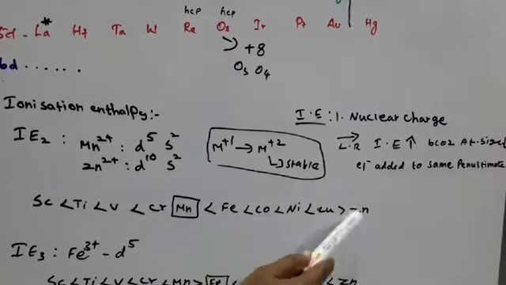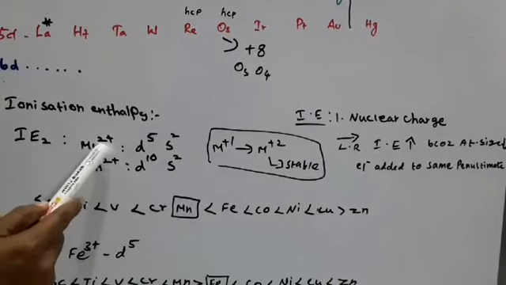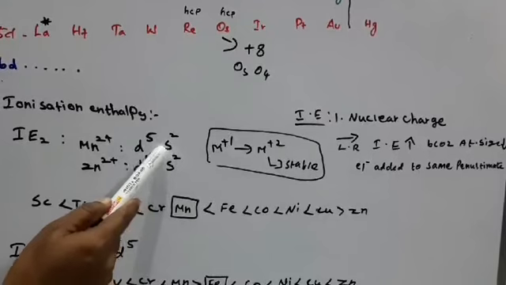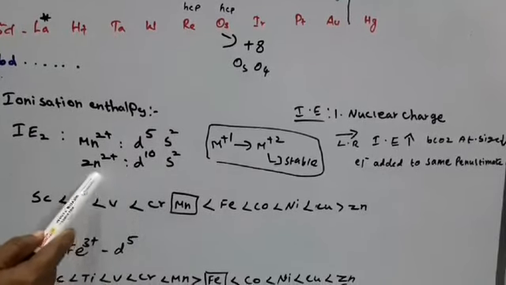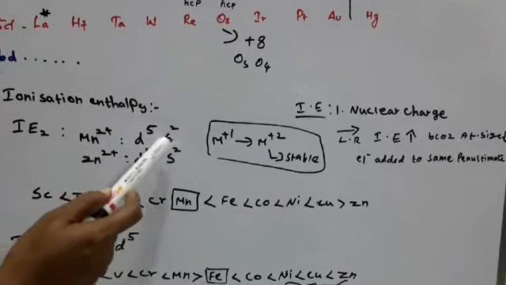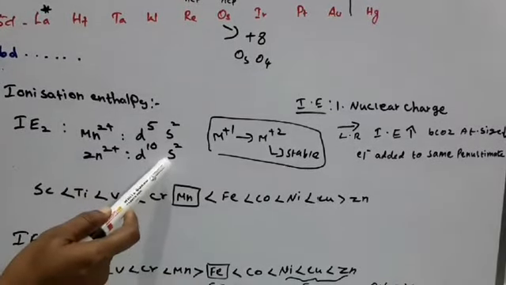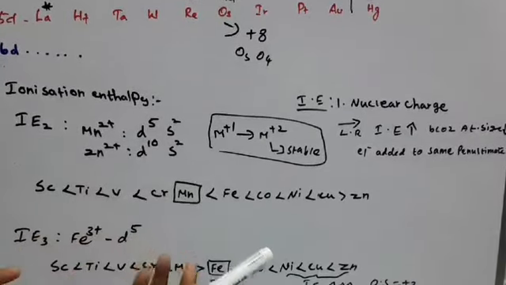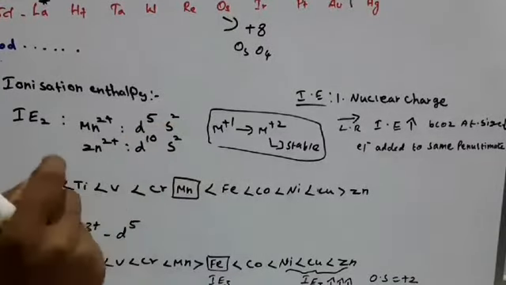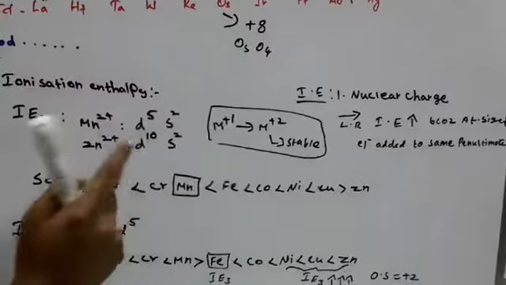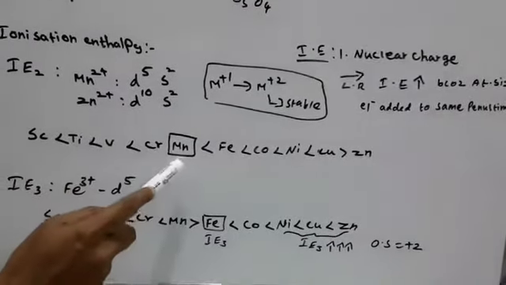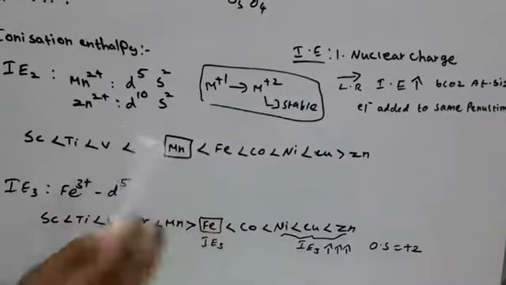Manganese and zinc are exceptional cases. Manganese +2 has configuration 3d5 with 4s2 removed, and zinc is 3d10 4s2. This is a half filled configuration and this is a full filled configuration, so we cannot remove one electron from the last shell. So IE2 for manganese and zinc is typical.